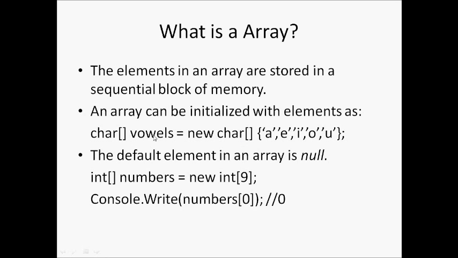In this case we have 5. So after you declare this, you can access vowels[0] will give you A, and so forth. The default element in the array is null. So in this case, numbers, after this line is executed, positions 0 to 8 will be null.